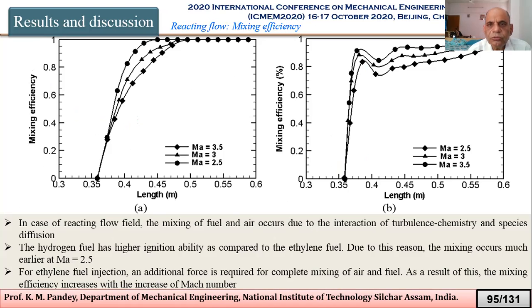And we come to the conclusion for reacting flow mixing efficiency that in case of reacting flow field, the mixing of fuel and air occurs due to interaction of turbulence chemistry and species diffusion. Mixing occurs much earlier for Mach number 2.5, and mixing efficiency increases with increase in Mach number, which means at Mach 3.5 the mixing efficiency is very high.